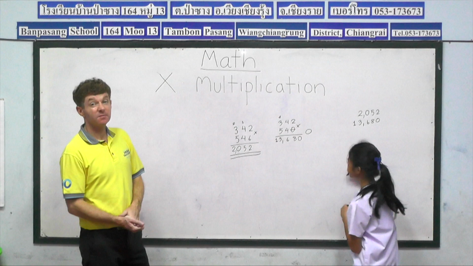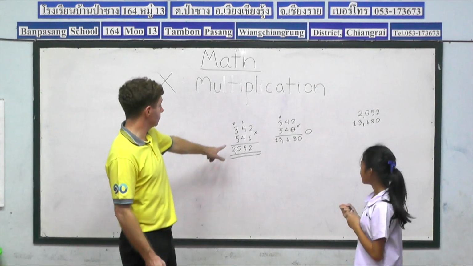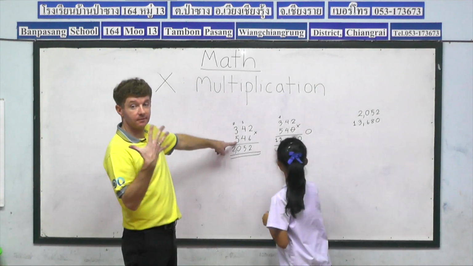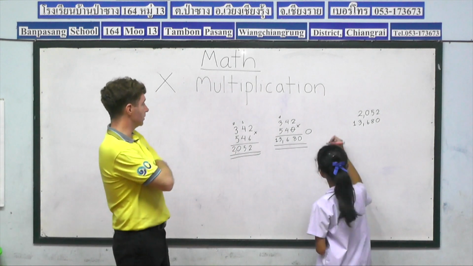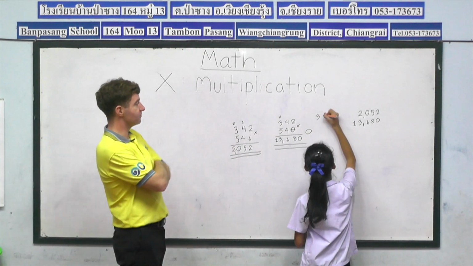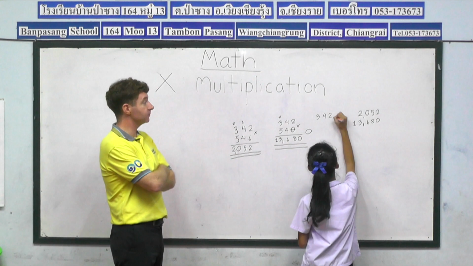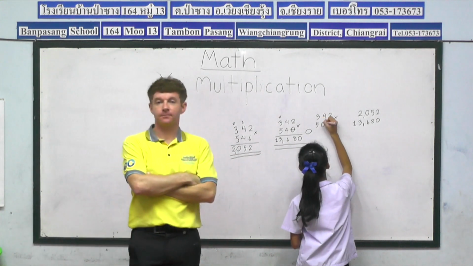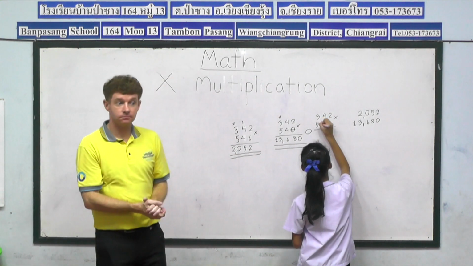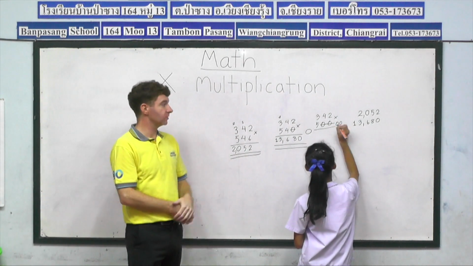And finally, our hundreds column. How many hundreds do we have, guys? 5. So 342 times 500. How many zeros? 2. So let's remove them.